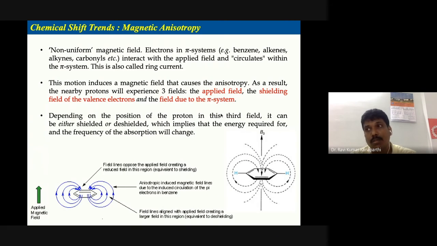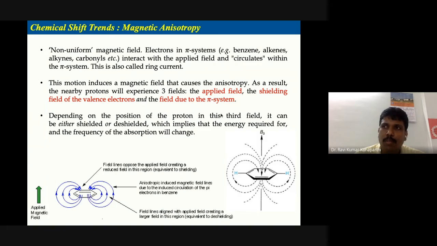What is expected? I was saying that electronegativity is something we can use to understand the chemical shift trends. A few slides before, I showed you the values for an alkane proton. Saturated protons in an ethane molecule resonate at 0.8 to 2.2 or so, depending on the situation.